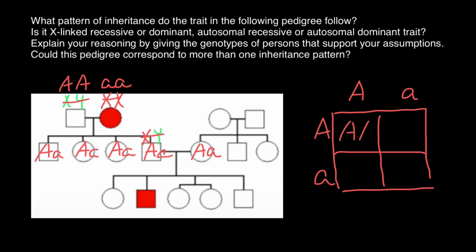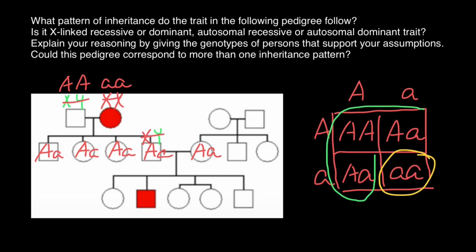Take a look: capital A capital A here, capital A small a here, capital A small a here, and small a small a here. 1/4 of the progeny we expect to be affected with this genetic disorder, and 3/4 would be phenotypically normal, though some of them are going to be carriers of this genetic disorder, and this is exactly what we see here.